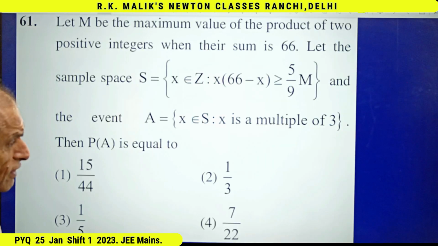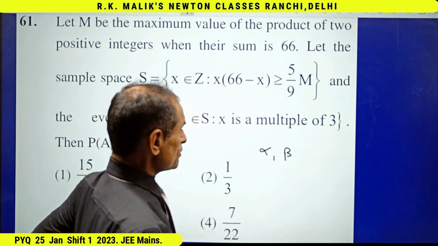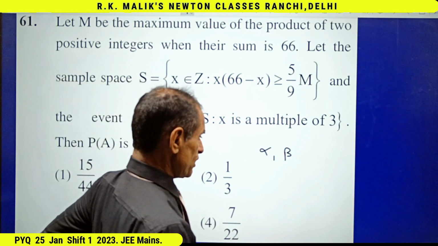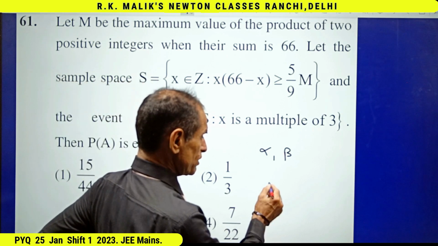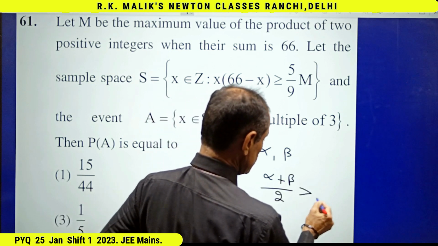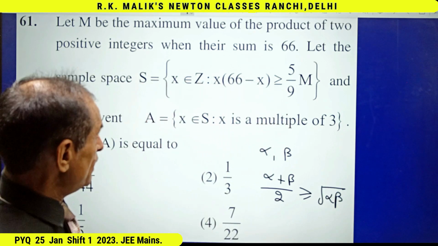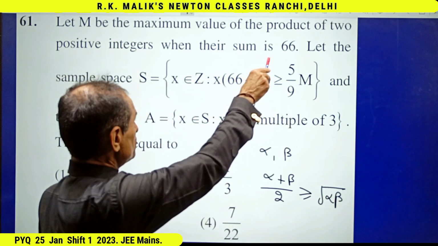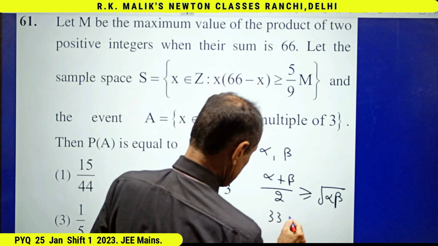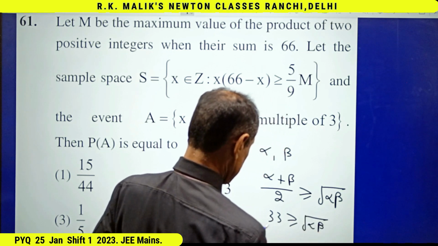To find the value of capital M, let alpha and beta be two positive integers, and using the concept of arithmetic mean greater than or equal to geometric mean, I can say (alpha plus beta)/2 is greater than or equal to under root alpha beta. And because the sum of alpha and beta is given to you as 66, hence I get 33 is greater than or equal to under root alpha beta.